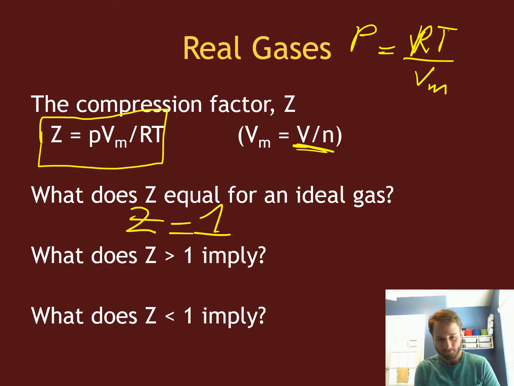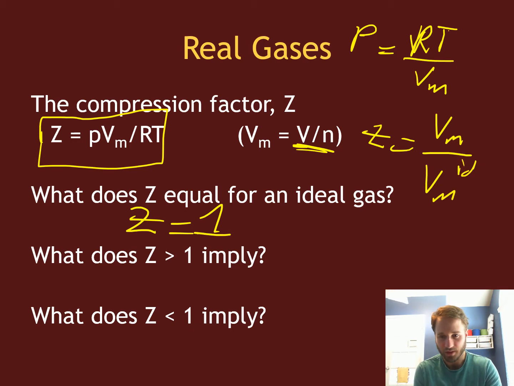Now, for a situation where Z is greater than 1, another way this Z can be written is as the molar volume of your gas divided by the molar volume of an ideal gas.